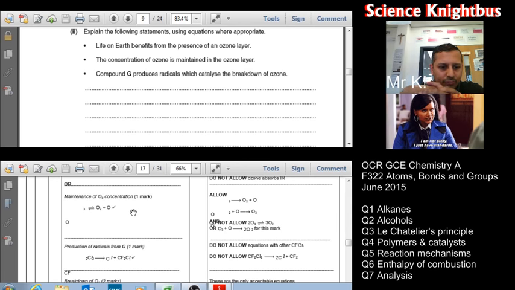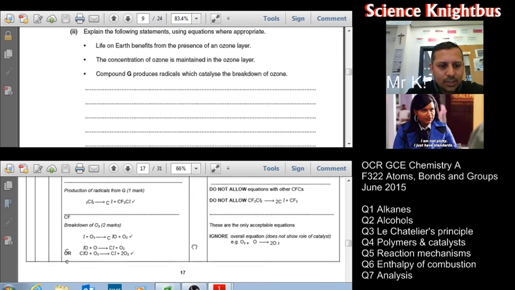Now the production of radicals from G catalyses the breakdown of ozone. So you actually find that the carbon halogen bonds, they can actually be weakened and broken, especially with that UV. That actually forms radicals, and then those radicals start to attack the ozone as well.